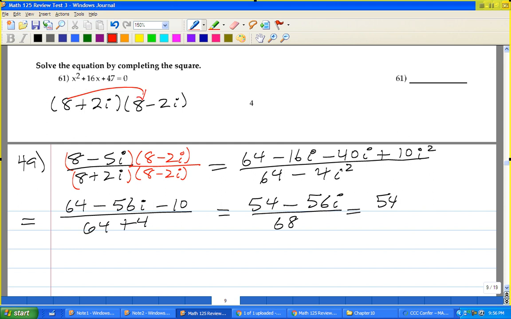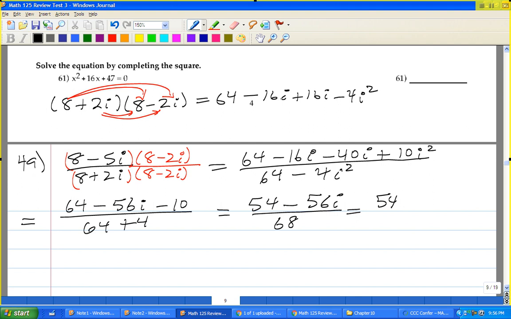So I get 64 minus 16i. Now let's multiply this. Now I'm going to get a plus 16i. And then 2i times negative 2i is negative 4i squared.